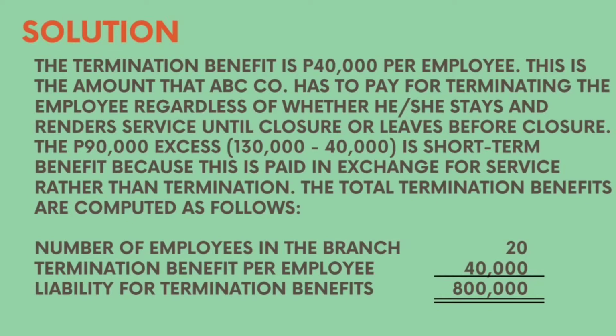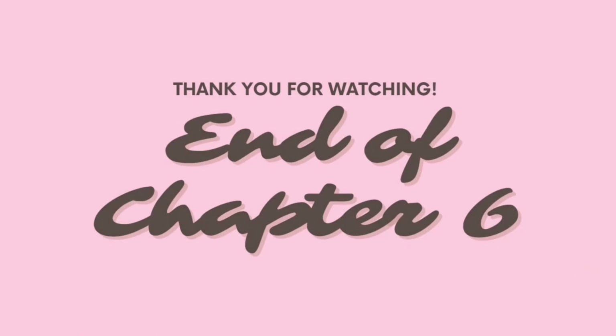The total termination benefits are computed as follows. Number of employees in the branch, 20, times termination benefit per employee of 40,000 equals 800,000 liability for termination benefits. So that's the end of our discussion.